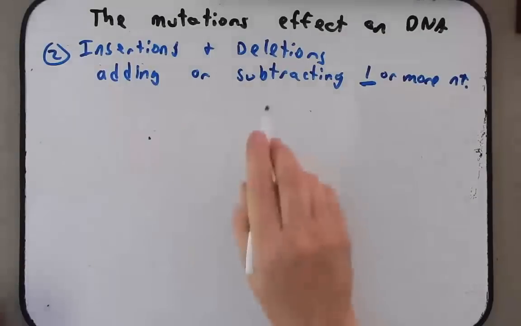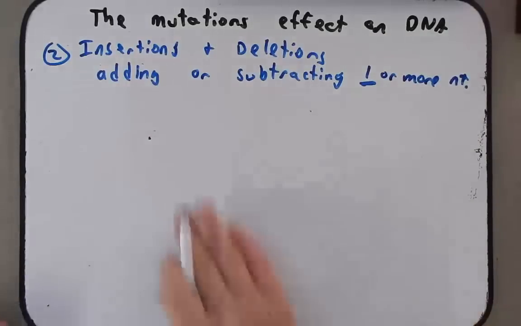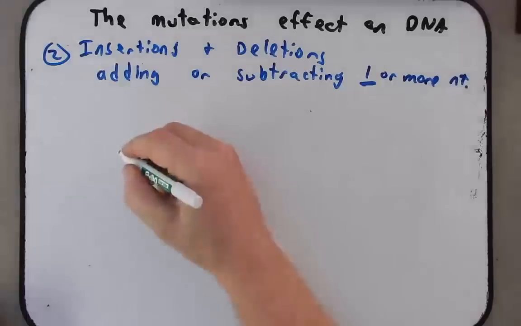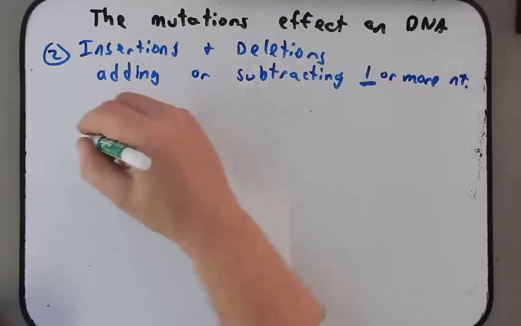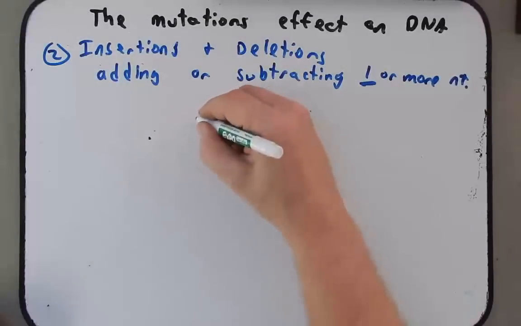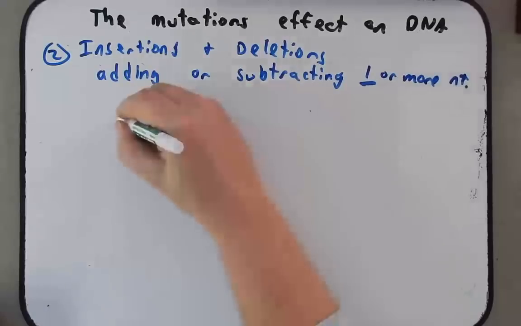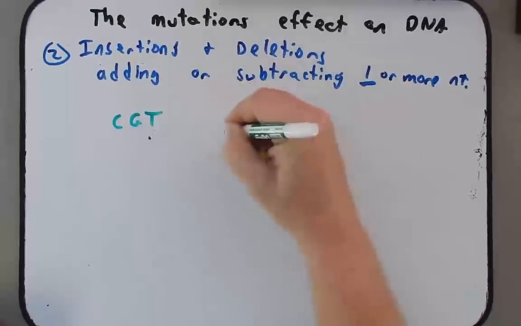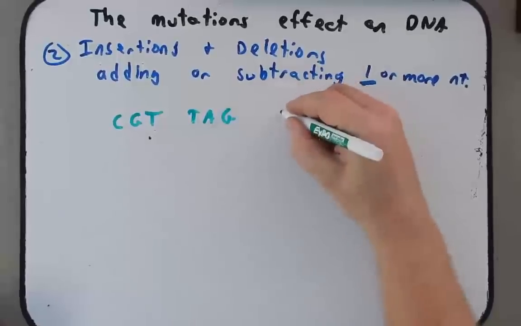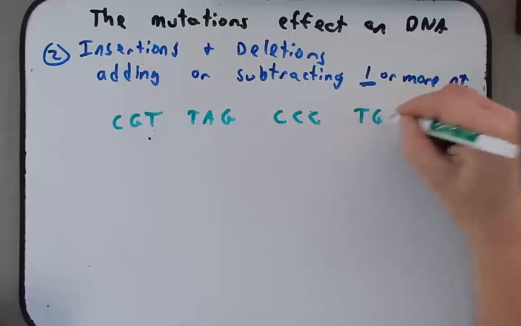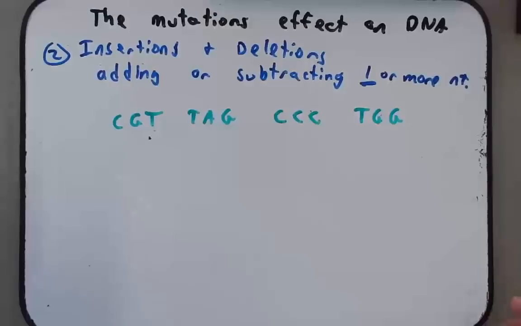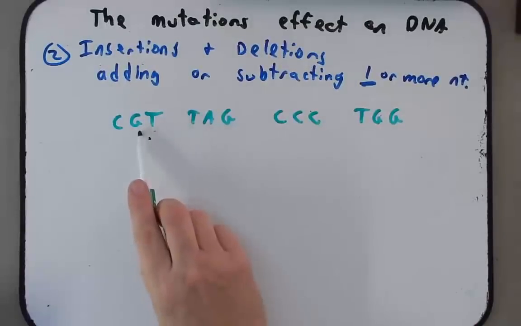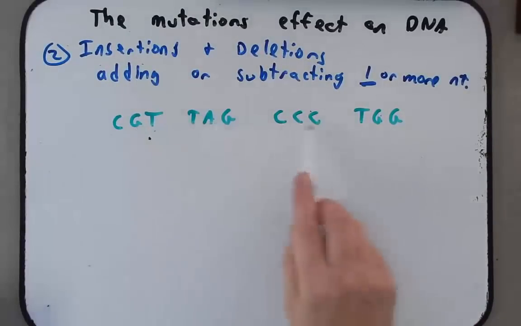To consider the effect of this, because you might think just adding one nucleotide, big deal, but it can have a huge effect. So let's talk a little bit about this now. If the original DNA, before it was mutated, the wild type DNA, was CGT, TAG, CCC, TGG. And of course, the sequence would be much larger than this. But in this very brief sample here, we can see that this DNA would code for 4 codons here.